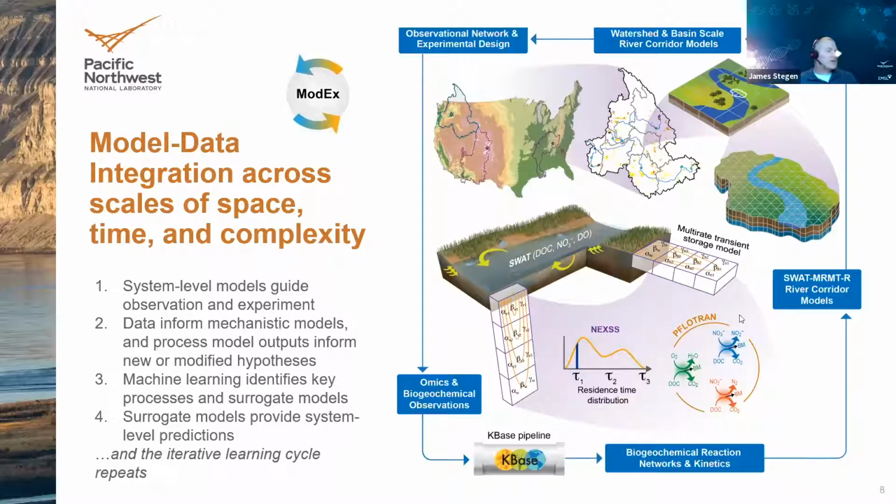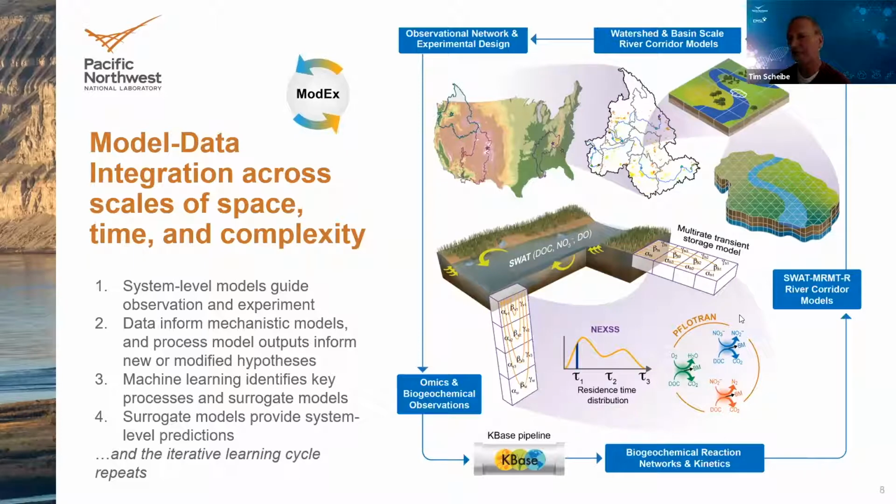Staying with the MODEX theme, there was a question: what is the turnover rate of this iterative cycle? Well, I think it depends on a number of things. One is how complex your model and your data collection are. Obviously, this could happen on a very short term if you have a relatively simple model that you're tuning and fast turnaround on your experiments.